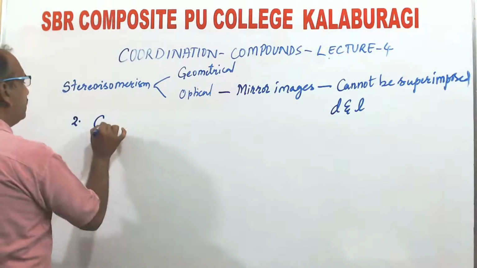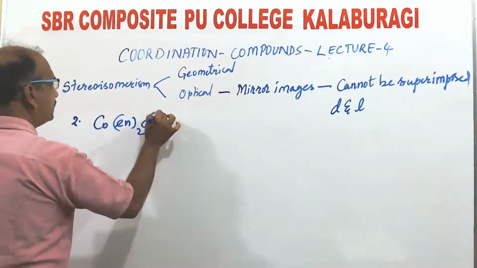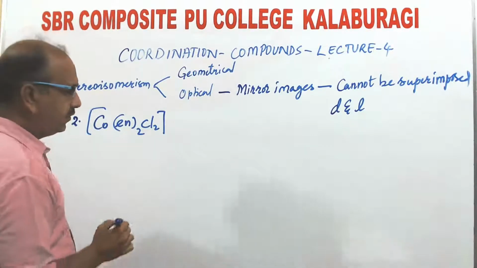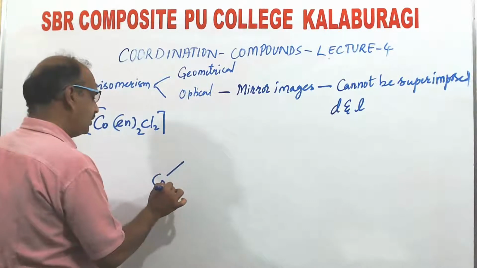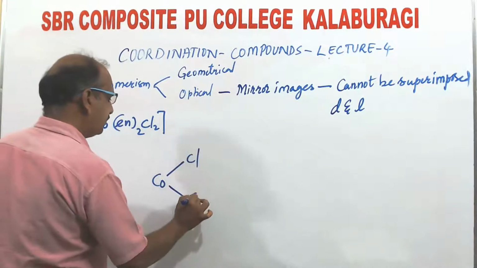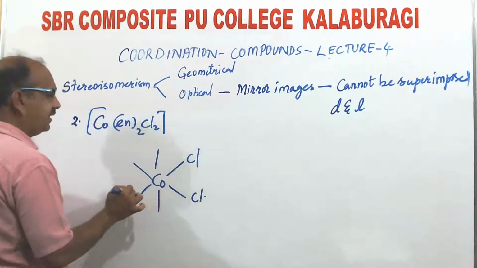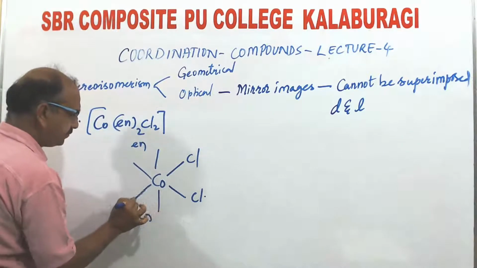Second example, ethylenediamine twice and also Cl twice. In this, what will happen? You have cobalt again at the center, then two chlorines if they are on one side only like this. And the bidentate ethylenediamine, one here and another here.